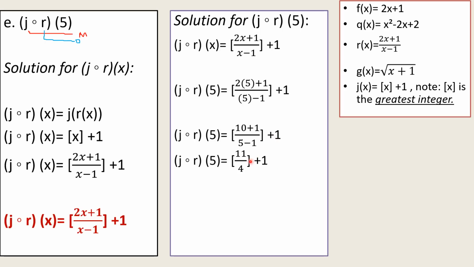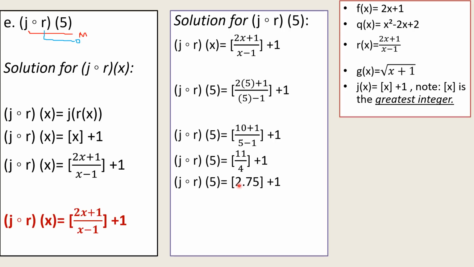Okay? So, bale dito, i-perform muna natin yung sa loob ng bracket. So, it would become J of R of 5, or composition of J and R of 5, is equal to 11 divided by 4 is approximately equal to 2.75. Then, plus 1. But take note that we have a note here or a condition for the bracket x, or yung naka-bracket na value here, that we should get the greatest integer.